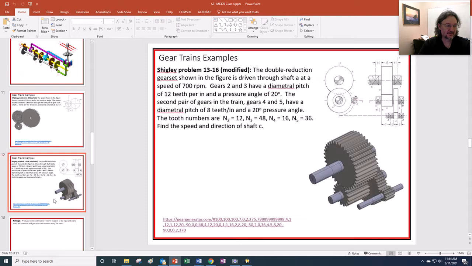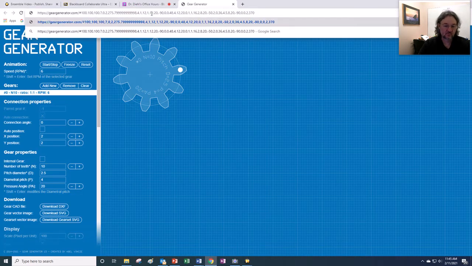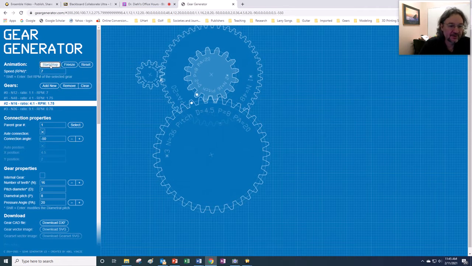Let me see what happens if I paste it in. There you go. Okay, so this is kind of the arrangement, I think, of the thing.